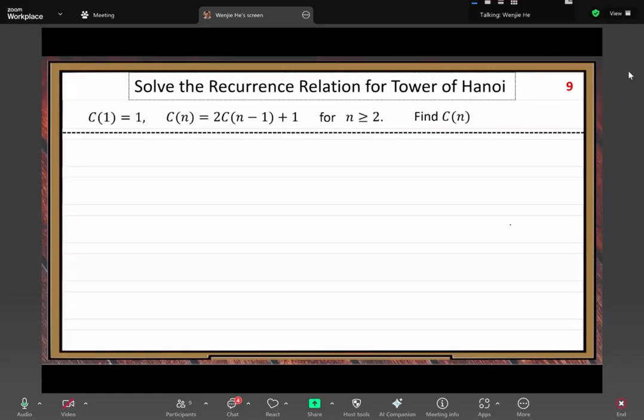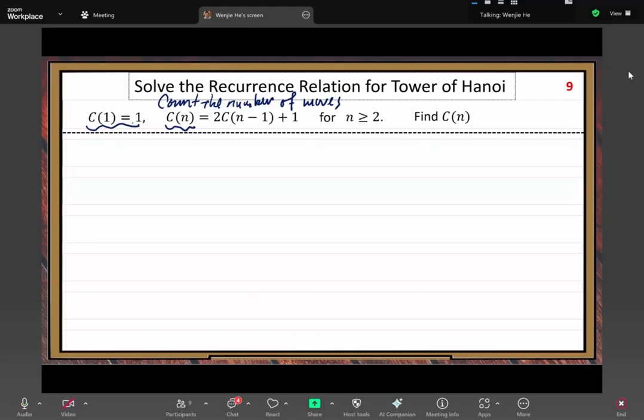First, this is the recurrence relation for the C function. The C function counts the number of moves. When n equals 1, the base condition, we just need one base condition: C of 1 equals 1, one move.